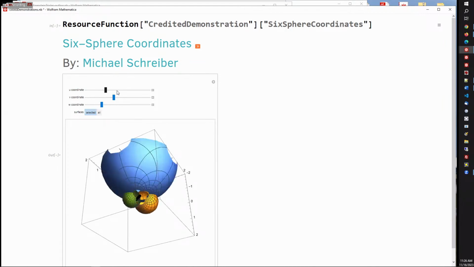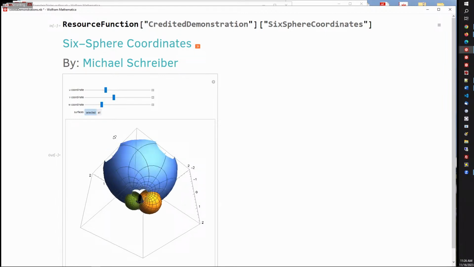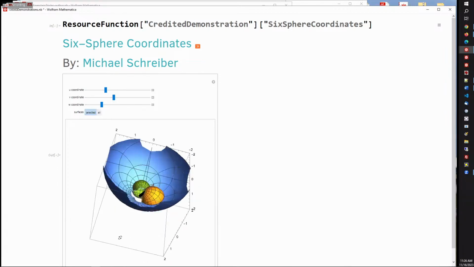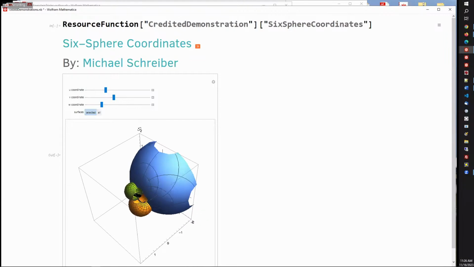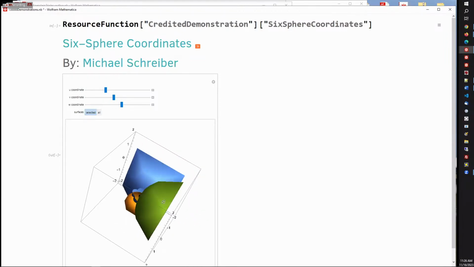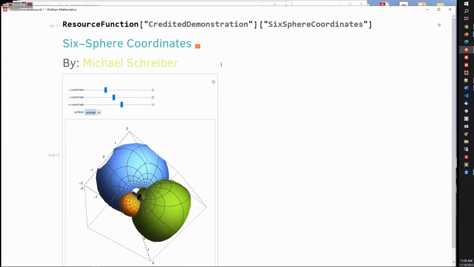And it generates U, V, and W coordinates in the normal presentation. And this is basically showing for any coordinate point what the spheres look like in that system.